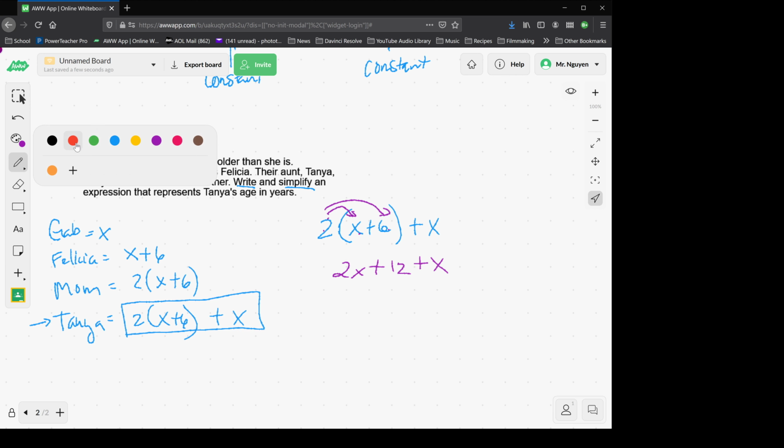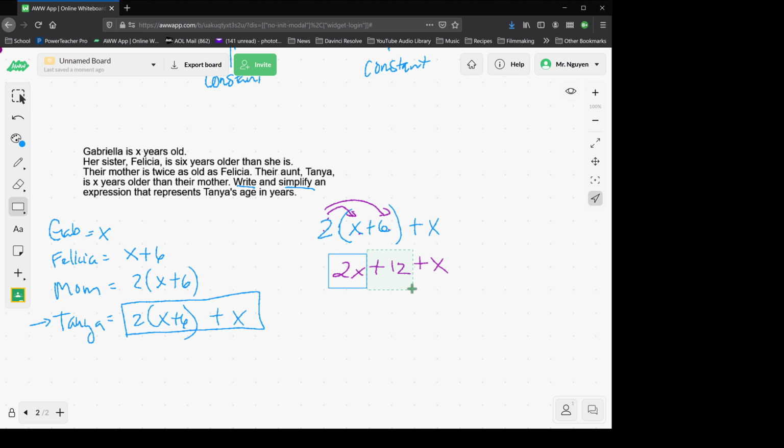Now is the time where you can box things out, separating the terms. You couldn't separate the terms up here because you had that parentheses, which tells you to do the distributive property. But now that you've done it, you can box things out and add the like terms. Well, what are the like terms? The like terms are terms with the same variables.